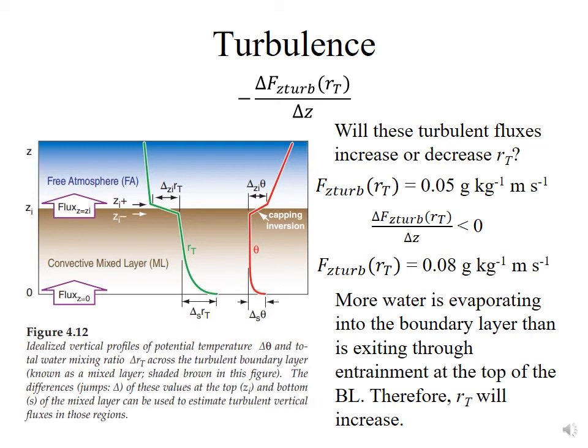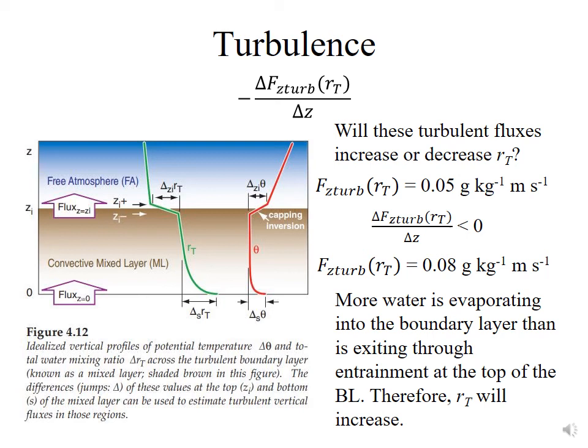And that means we're transporting water vapor out of the convective mixed layer into the free atmosphere. And at the surface, in this scenario, FZ turbulence is going to be 0.08 grams per kilogram meter per second. And what that means is that we do have evaporation from the surface.